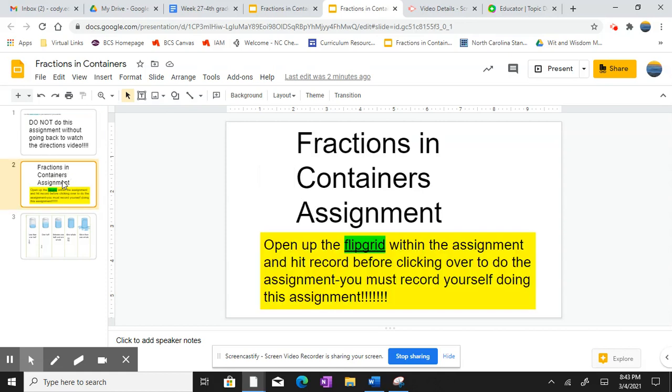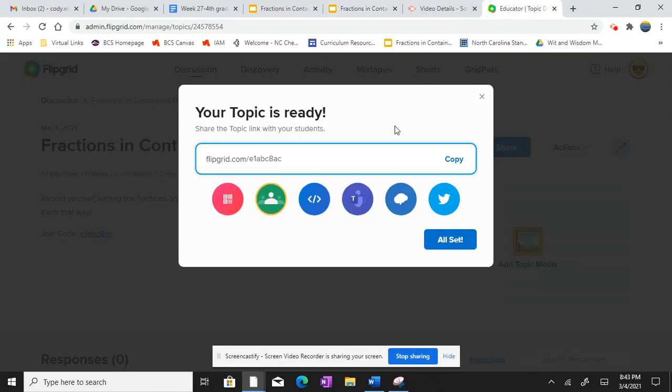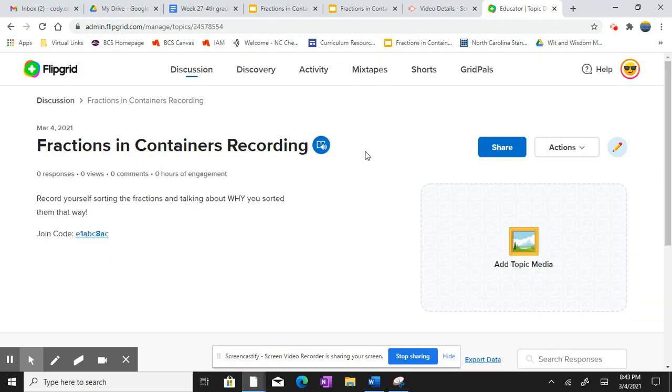Okay, this is called fractions in containers assignment. What you're going to do is go into the classroom and open up the flip grid. Okay, you'll have a flip grid and you will go into the flip grid.